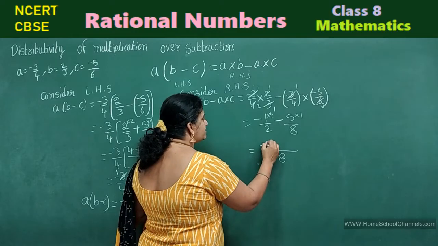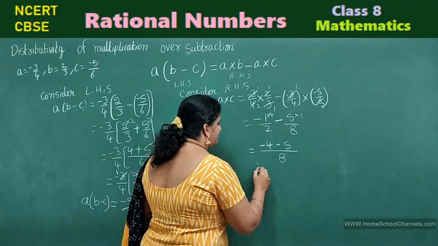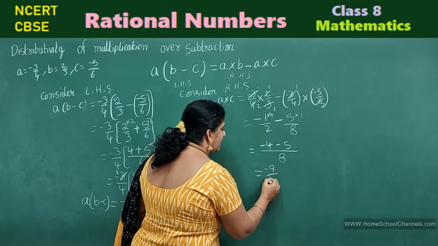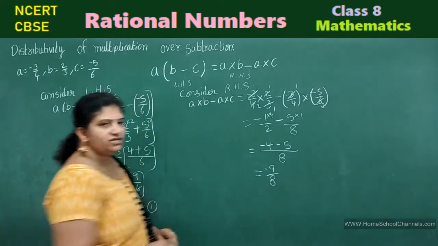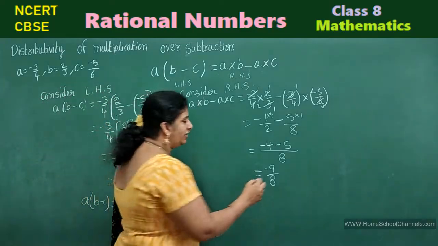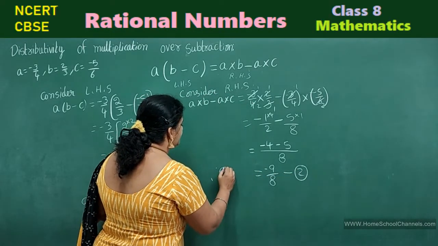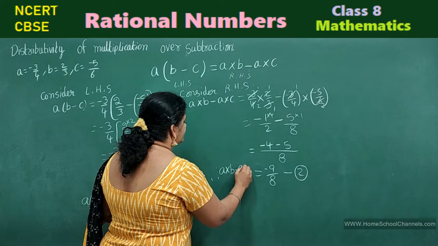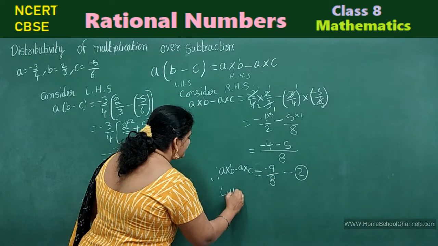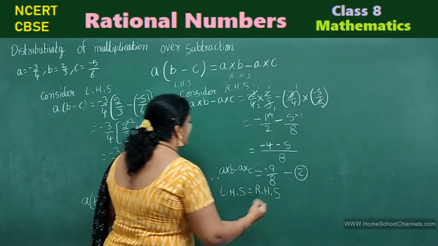Minus 4 ones are 4. Minus 5 ones are 5. Minus 4 minus 5 will be minus 9 by 8. Check here, minus 9 by 8 and here also you got minus 9 by 8. Therefore, A into B minus A into C is also equal to minus 9 by 8. That is, left hand side is equal to right hand side.